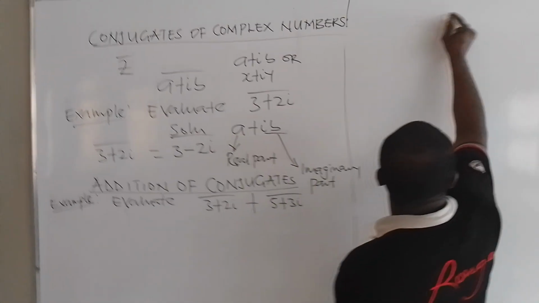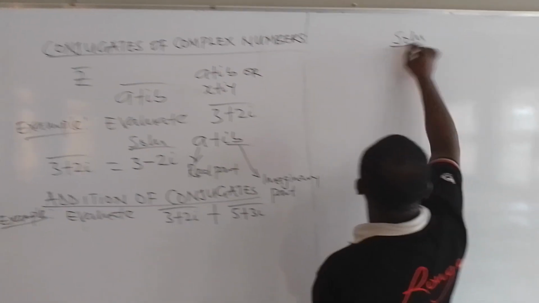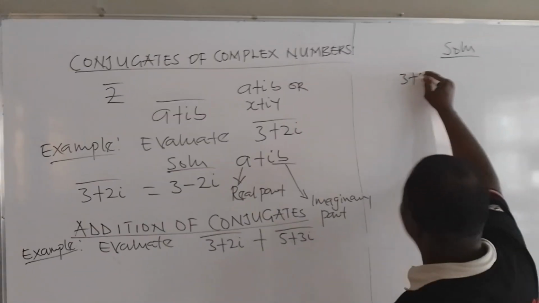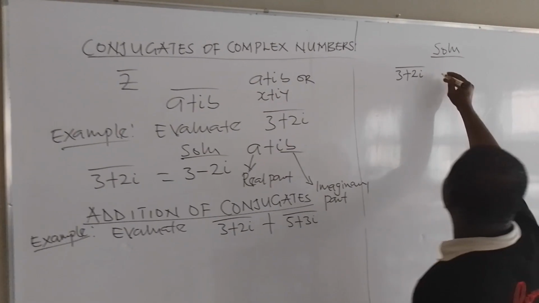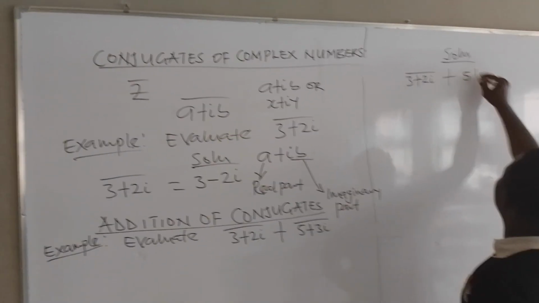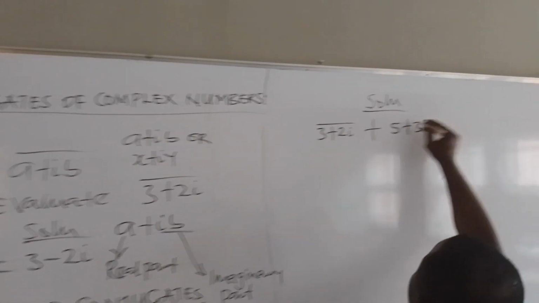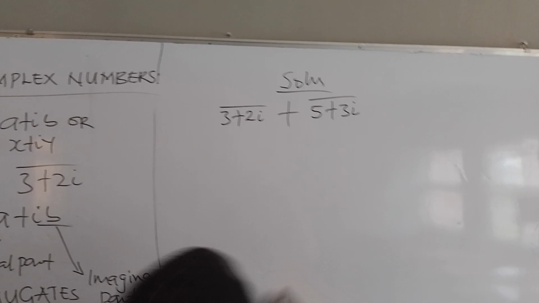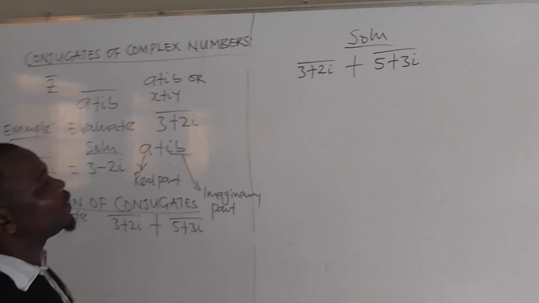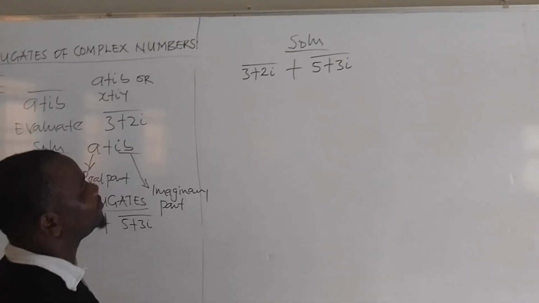Let's find the solution. Solution: 3 plus 2i conjugate plus 5 plus 3i conjugate. Okay. Now, let's look at this problem.